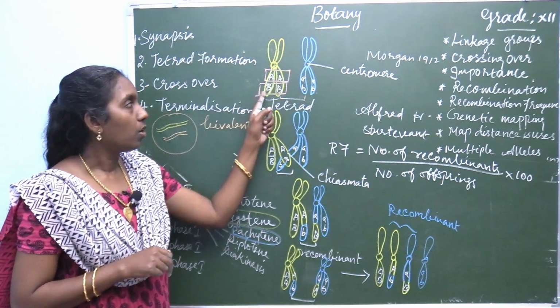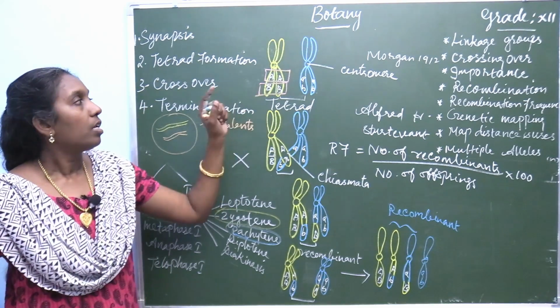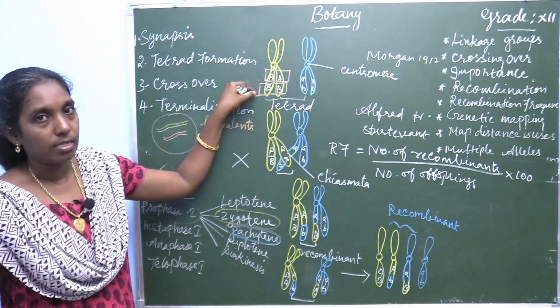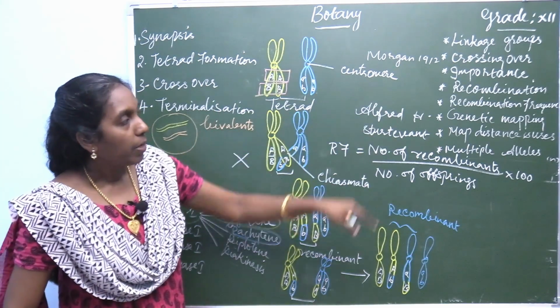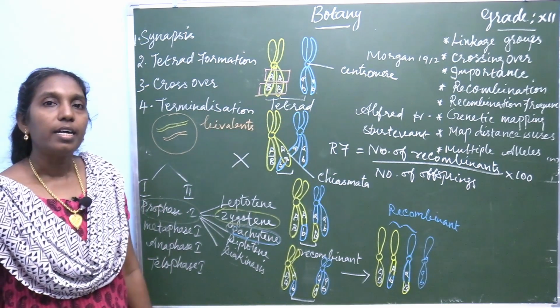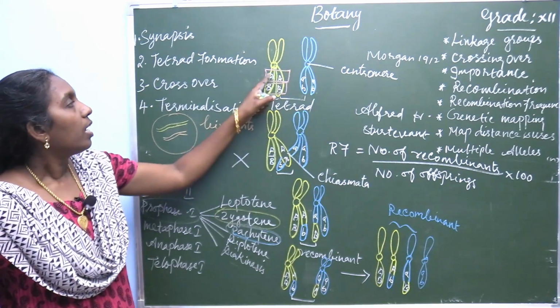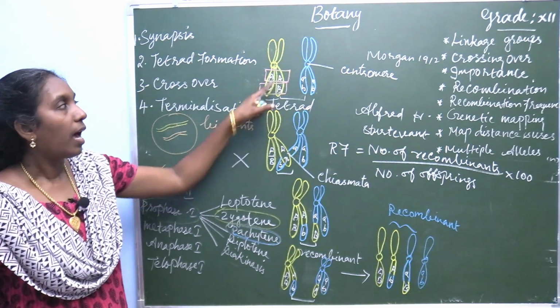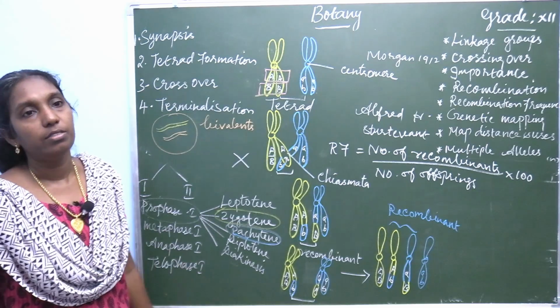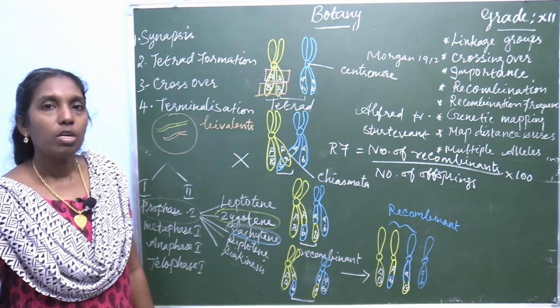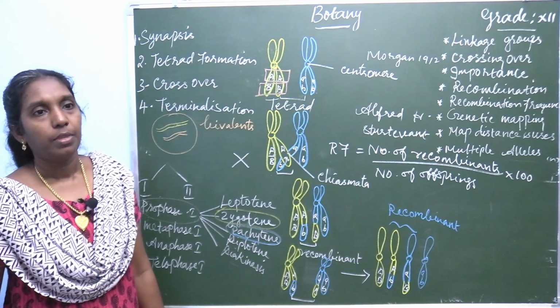In the locus, the genes are located. Gene mapping or genetic mapping is the diagrammatic representation of the arrangement of genes and the distance between the genes. That is genetic mapping.